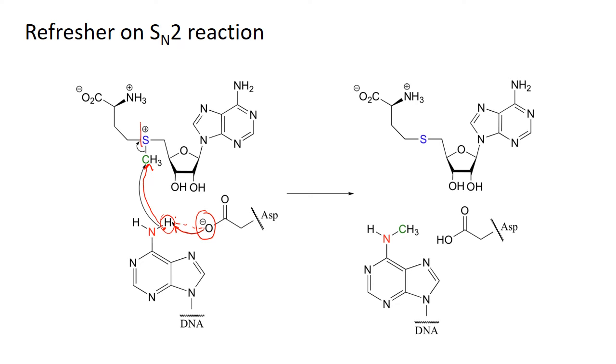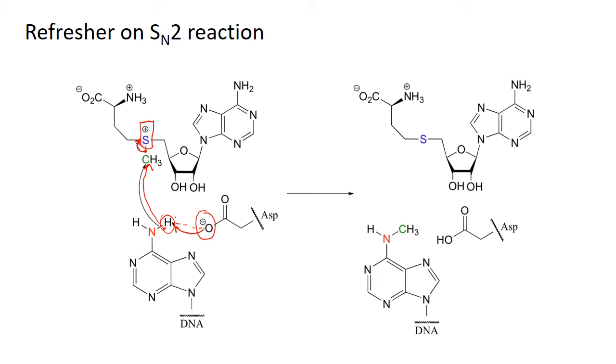And because we have an S plus here, and S plus is a very high energy state, it cannot have a positive charge. The carbon readily releases the electron to S, the sulfur.